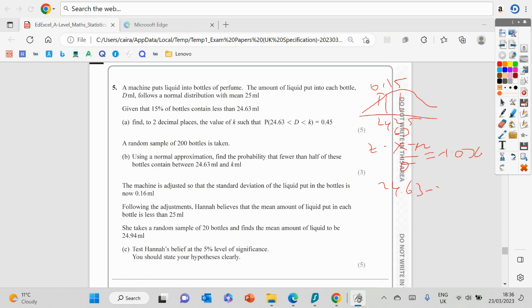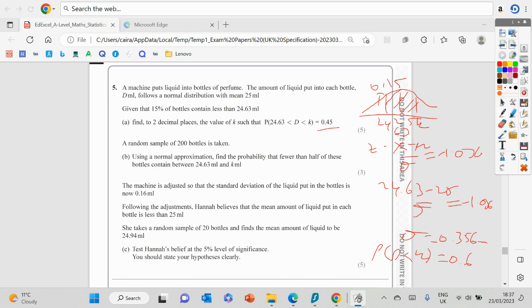So 24.63 minus 25 over sigma is going to give us that. Bit of calculator work, and it gives you 0.356 and a load of digits. From that, we can then get that the probability that D will be less than k is 0.6, purely because if you draw where k is, which is about here, this bit will be 0.45, which is what we're looking for here.